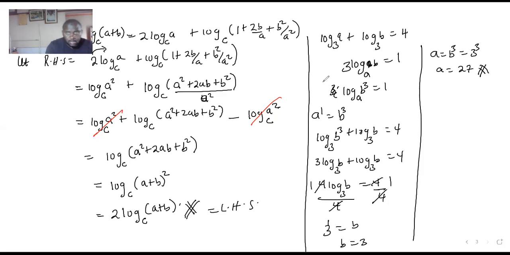Y log 2 base 8, sorry. Y log 2 8 is equal to 2 base 8, then is equal to x. Then 2 power x plus 8 power y is equal to 8192.